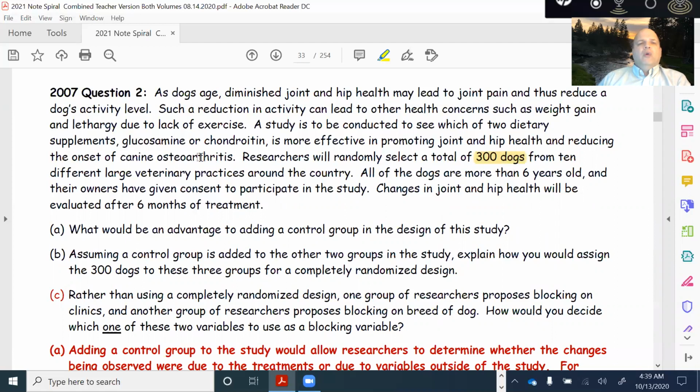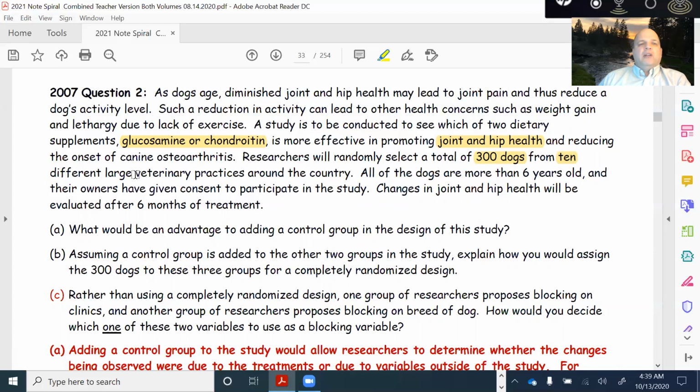We also know that we're concerned about joint and hip health. And we have glucosamine and chondroitin. All right, those are probably important things as I read along. Researchers will randomly select a total of 300 dogs from 10 different large veterinarian practices around the country.